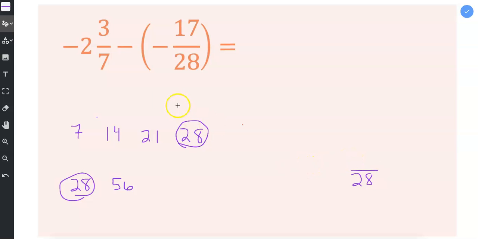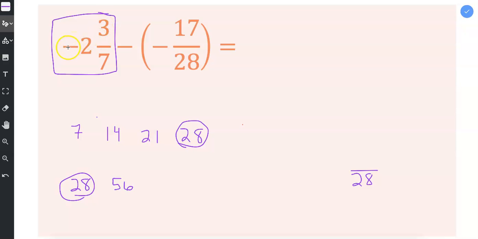Now I really only need to change this mixed number. We're going to have to change it to a fraction first, to have a denominator of 28, because this fraction already has a denominator of 28. So let's focus on this mixed number.